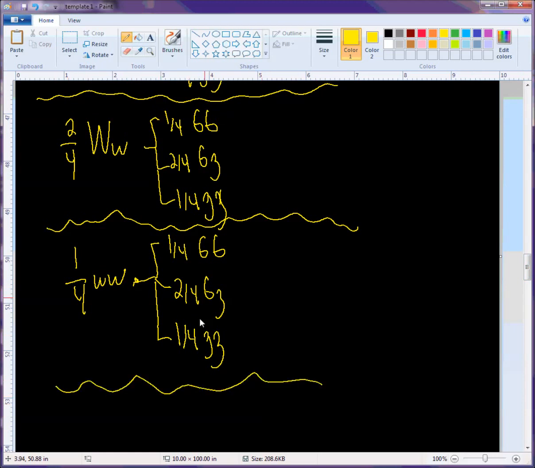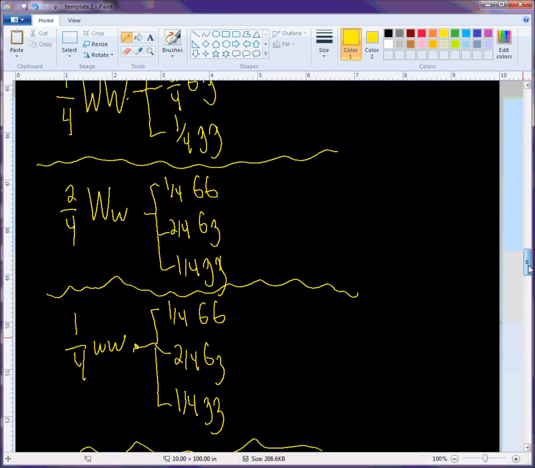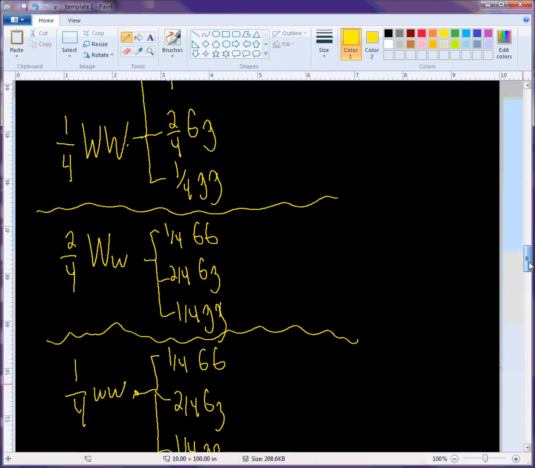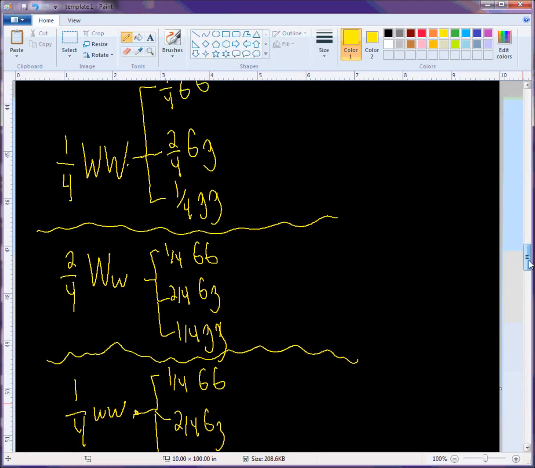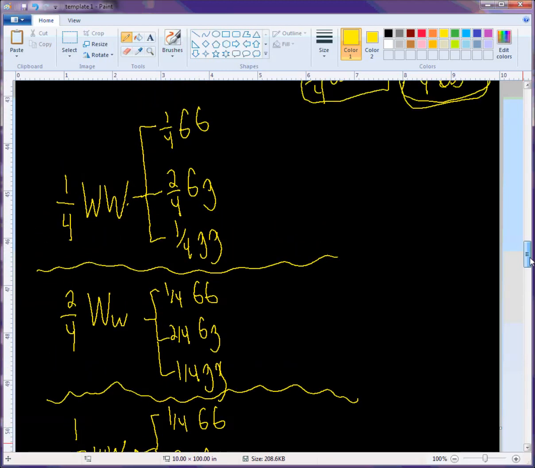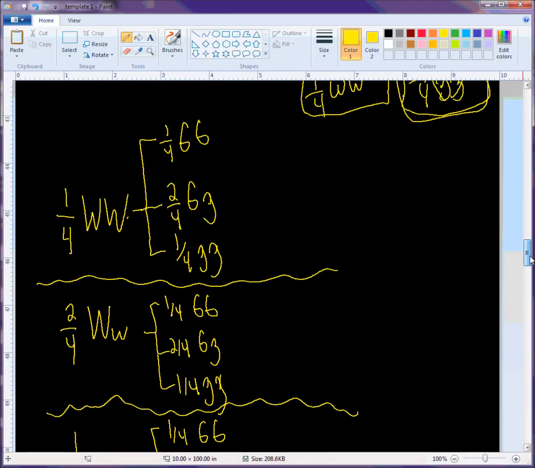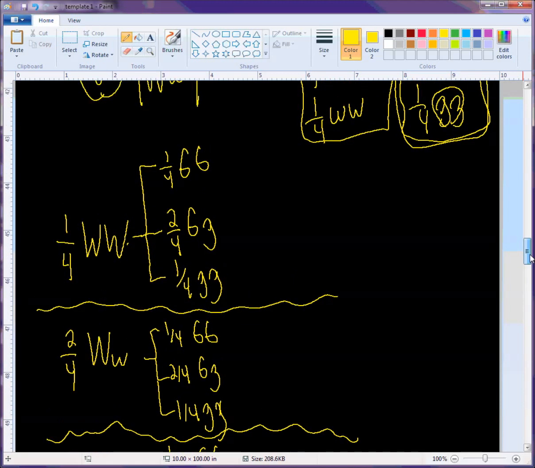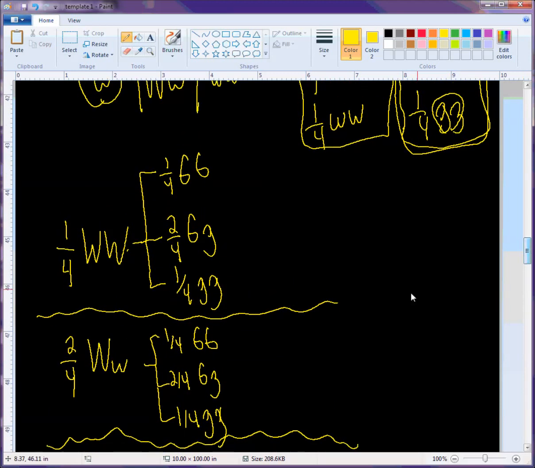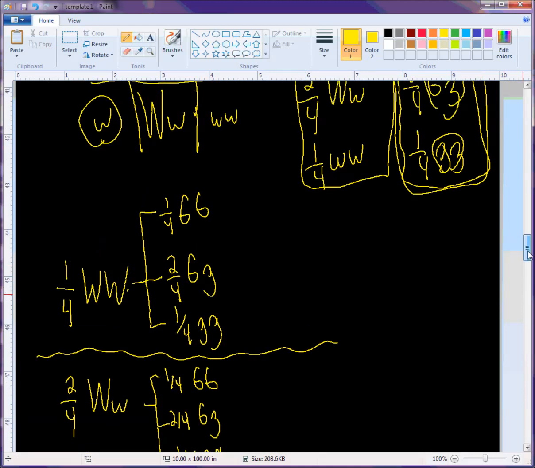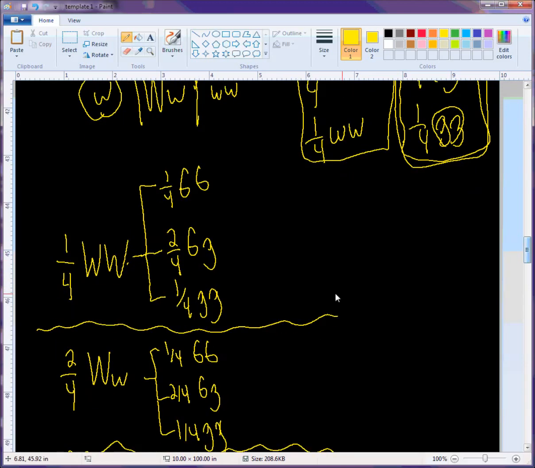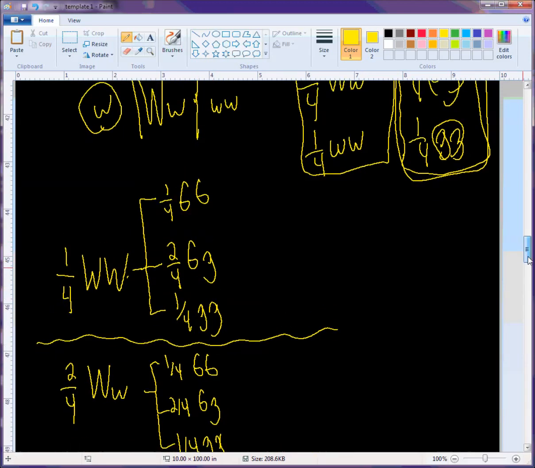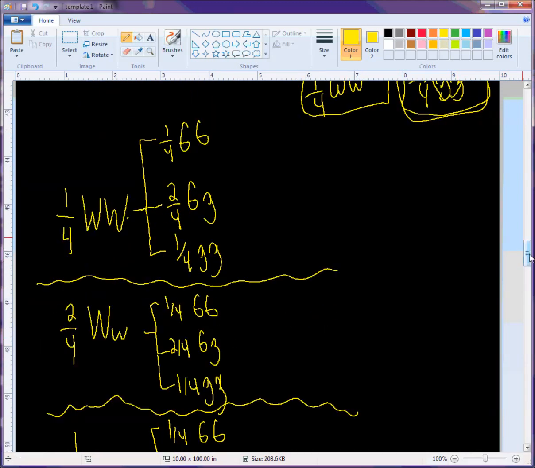This happens because the alleles for W and G, the alleles for the color gene and the shape gene, are segregating independently. So we're seeing independent assortment here, and this doesn't really work when you're doing linkage. We have to do something a little bit different. But because these are sorting independently, we can just use this forked line method with these ratios like this.